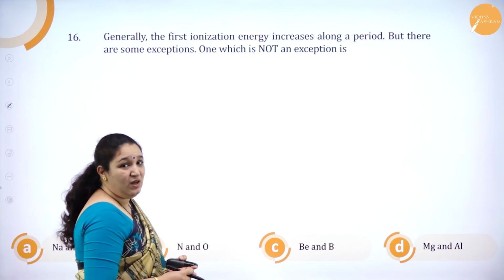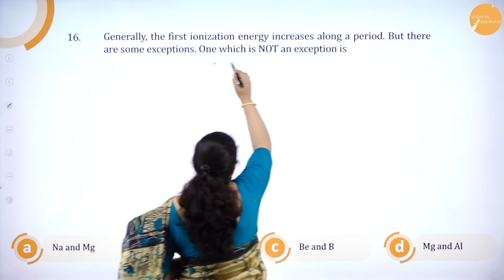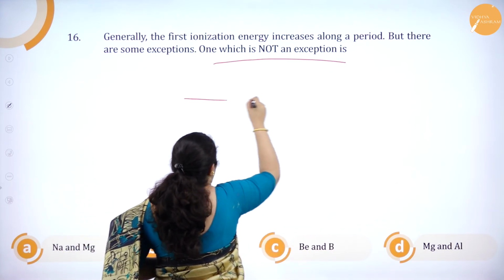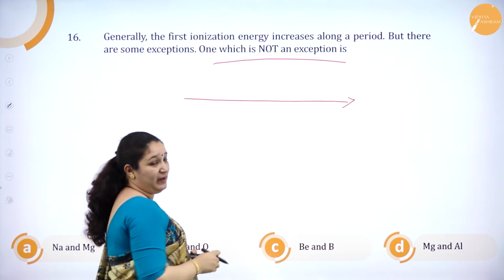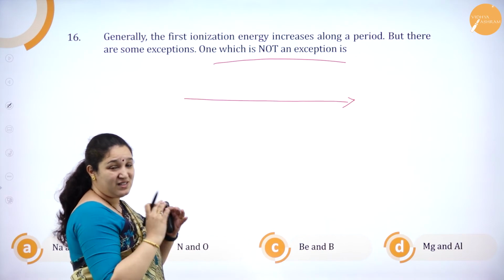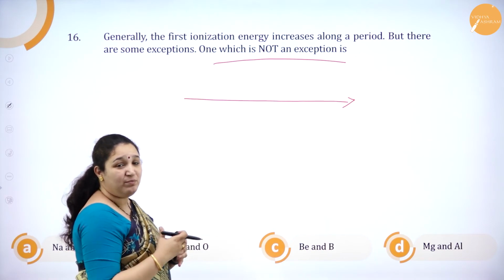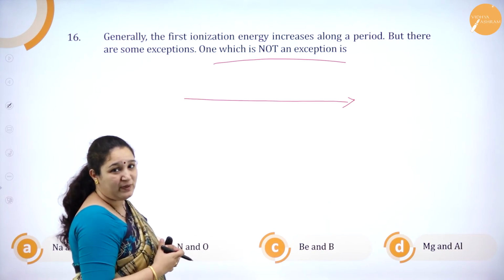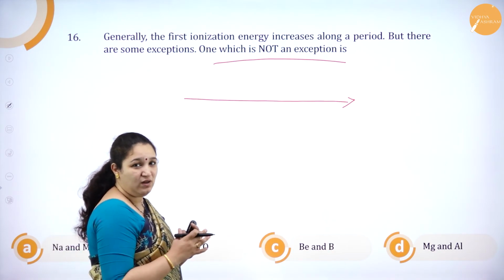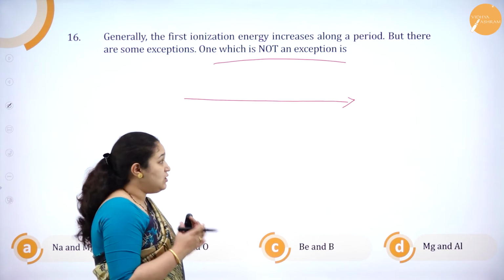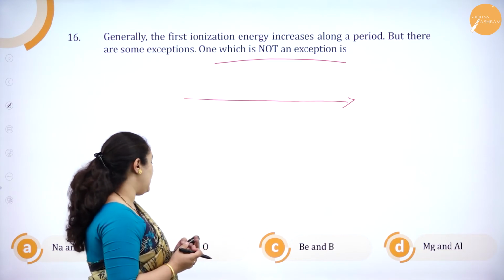They are asking which is not an exception while the ionization enthalpy is increasing along the period. Along the period there are some exceptions when completely filled or half filled orbitals come, or the size of the atom varies. So, which is not an exception, they are asking.